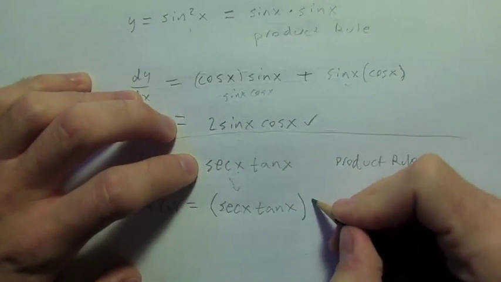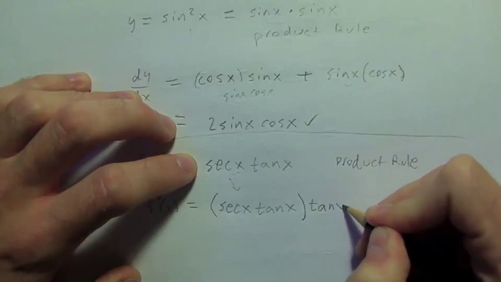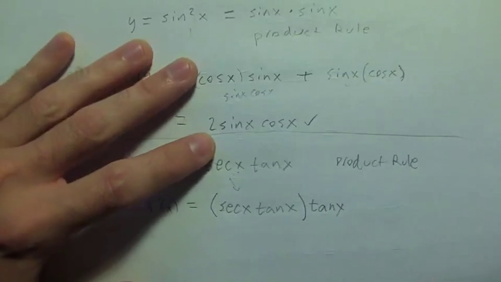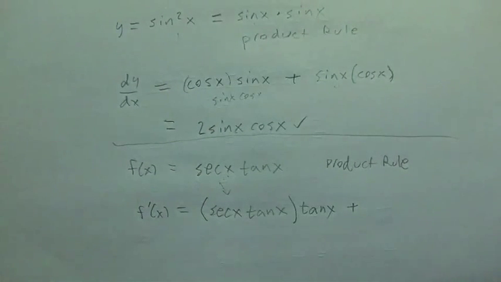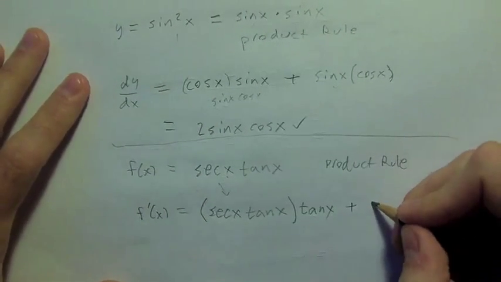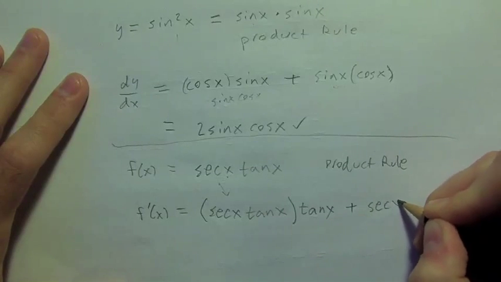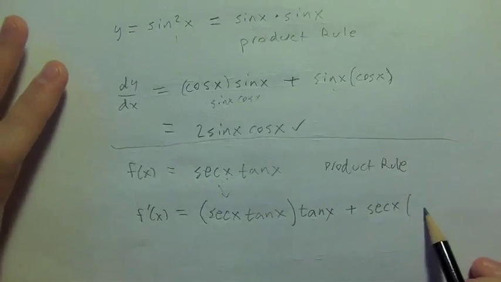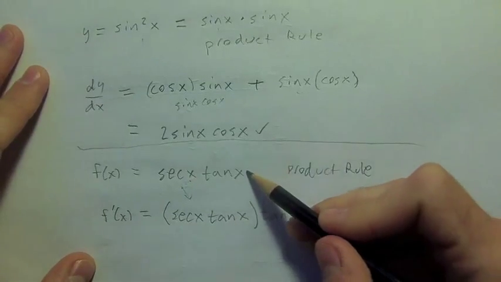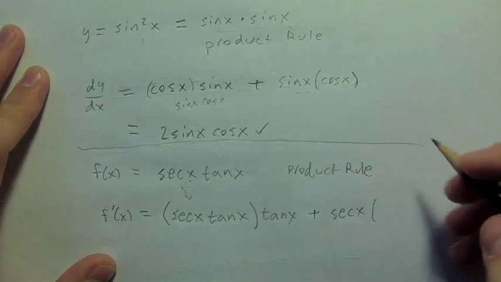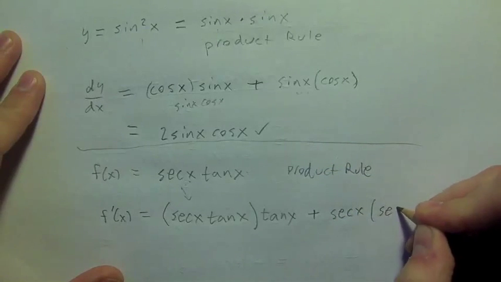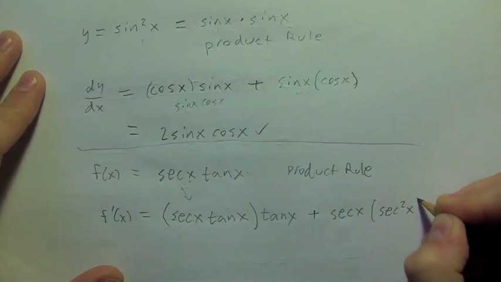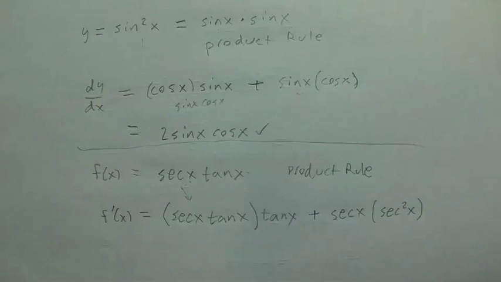Then it will be the second function left alone, plus the first function left alone. Now in parentheses I'm putting the derivative of the second function. So the derivative of the second function, derivative of tangent, is secant squared x.